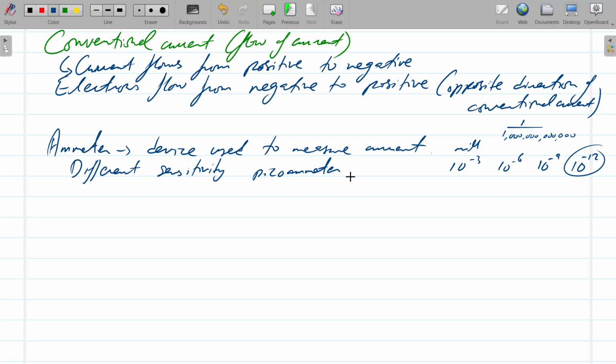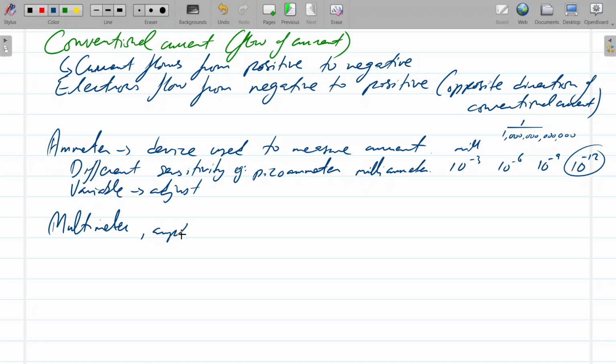So very small. So sensitivity, right? You can have a milliammeter. You can have a picoammeter. You can have a variable ammeter where you can adjust the sensitivity. You can also have something called a multimeter, which is able to detect other quantities related to an electric circuit other than the ampere.